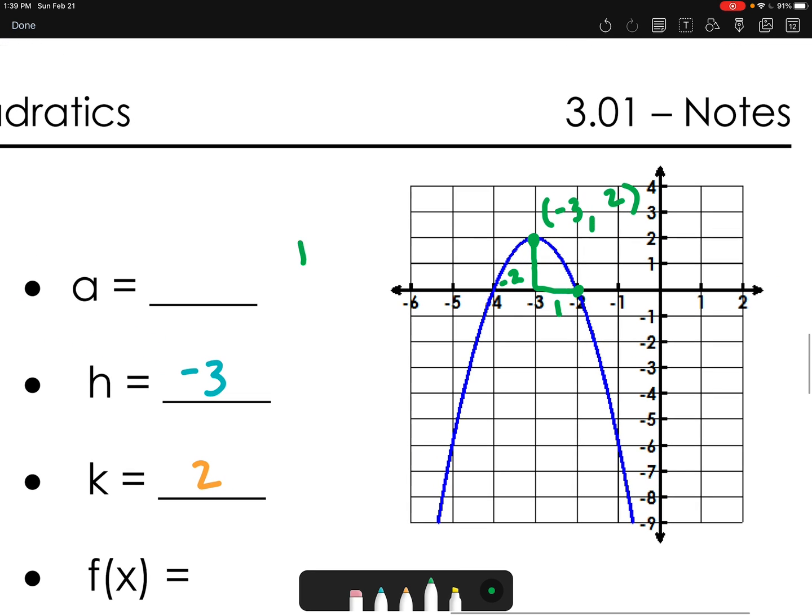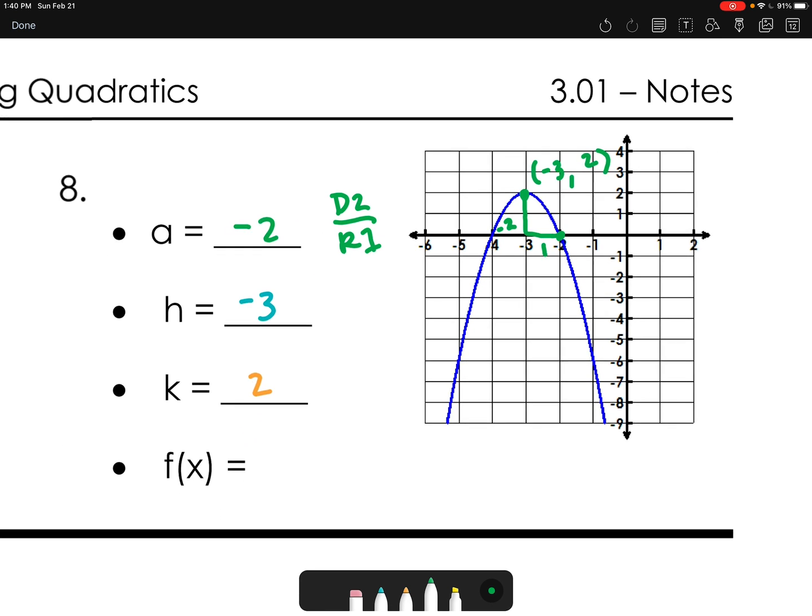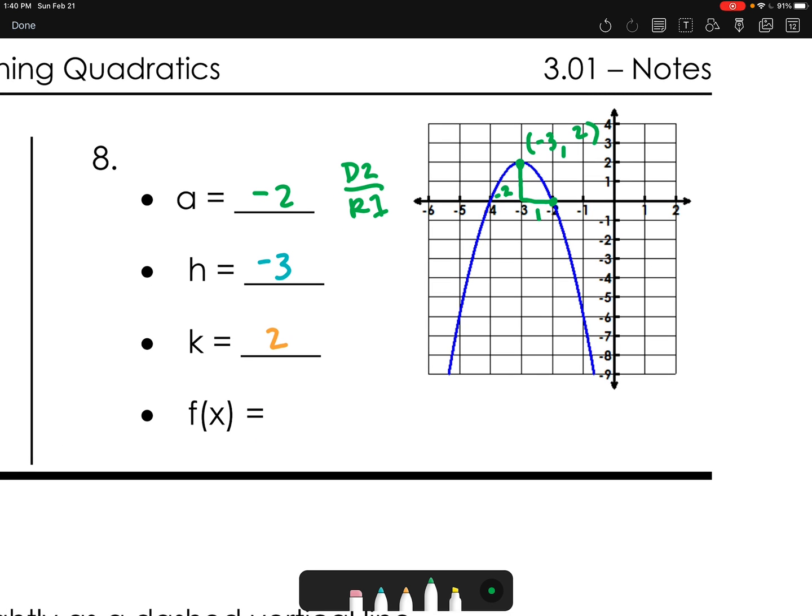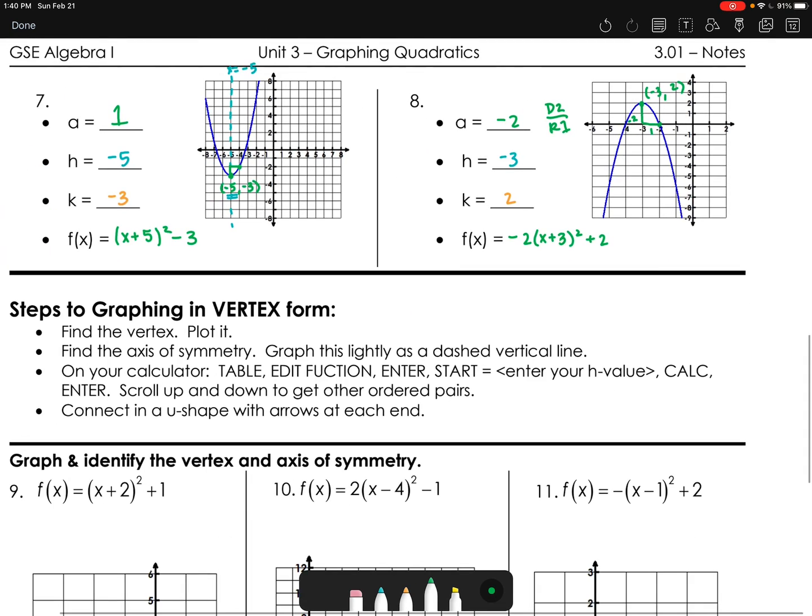Okay, so I went down 2 to the right 1. So that's going to give me, if I have down 2, right 1, that's going to give me an a value of -2. Okay, and we knew it was going to be negative because the parabola is flipped upside down. And so this parabola would be written as negative 2 times x plus 3 squared plus 2.